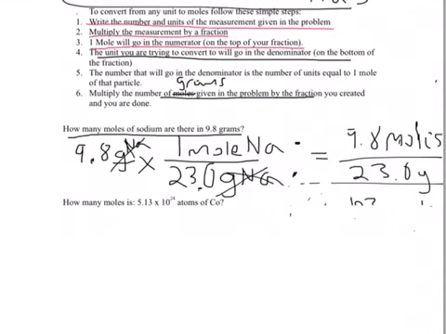So I'm going to write the number and the units of the measurement I'm given in the problem, which is 5.13 times 10 to the 24th atoms. Then I'm going to multiply this number by a fraction.